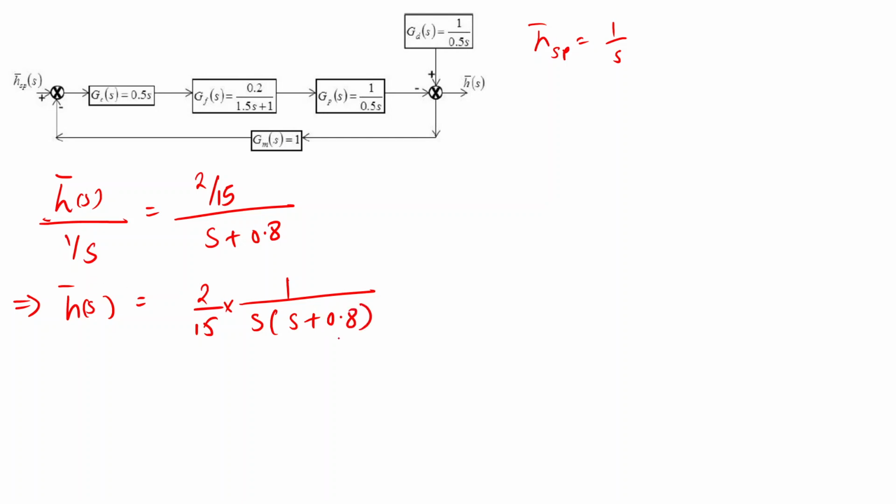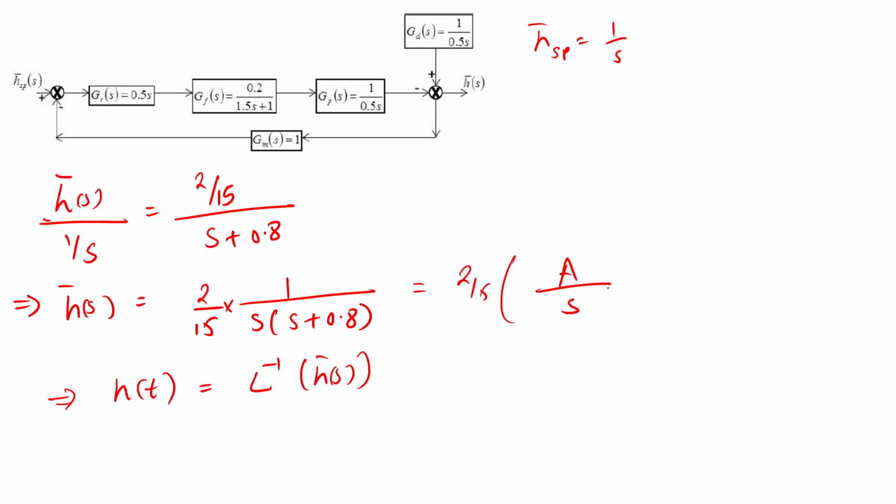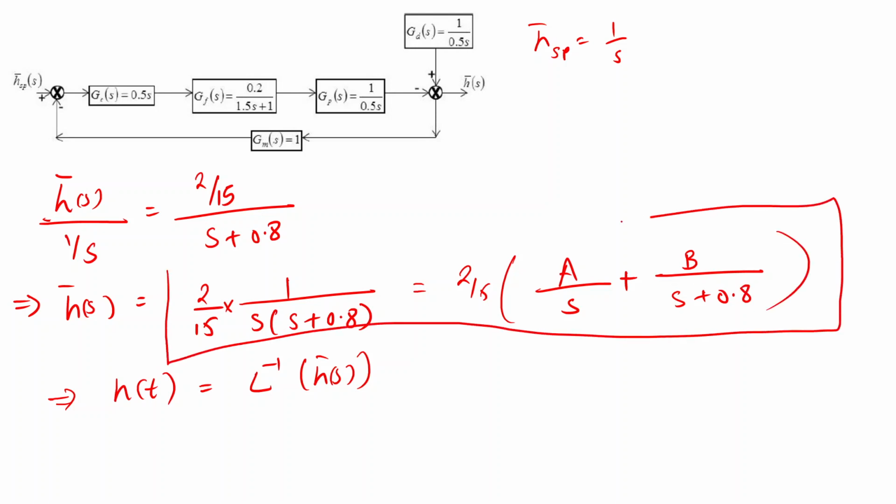Now to convert this into time domain, we need to take the inverse Laplace of this term, L inverse of h bar of s. For that we need to simplify this equation into partial fractions. So we can write this as 2 by 15 into a upon s plus b upon s plus 0.8. Now we have to find the values of a and b.